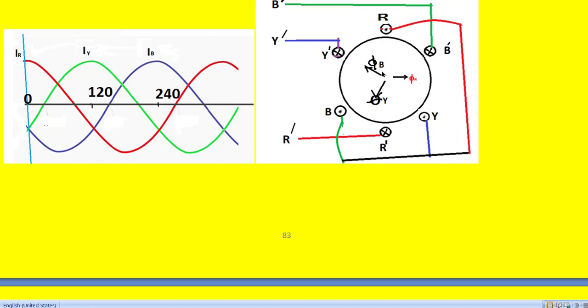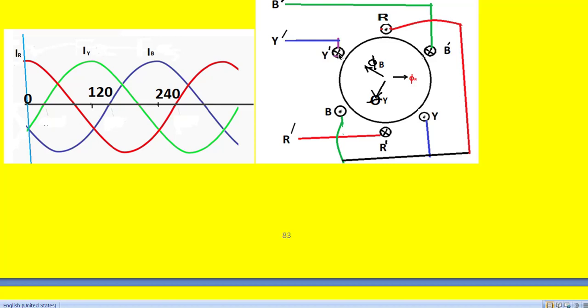So this is also the positive direction of the current waveform. Similarly, here this is the positive direction of the R phase current. And similarly, when we apply Faraday's right hand thumb rule to the Y phase, see this is the Y phase and the current is entering here.